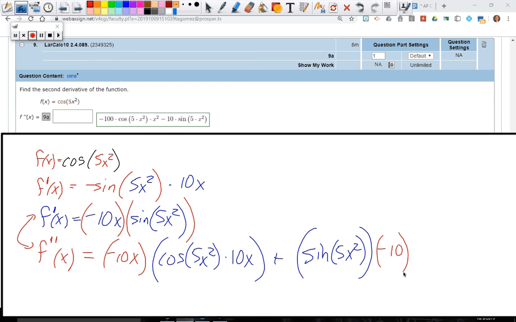So you could be done right now, or you can combine like terms. Here is the negative 100x squared, and then cosine of 5x. And then the rest is subtracting this 10 and sine of 5x squared.